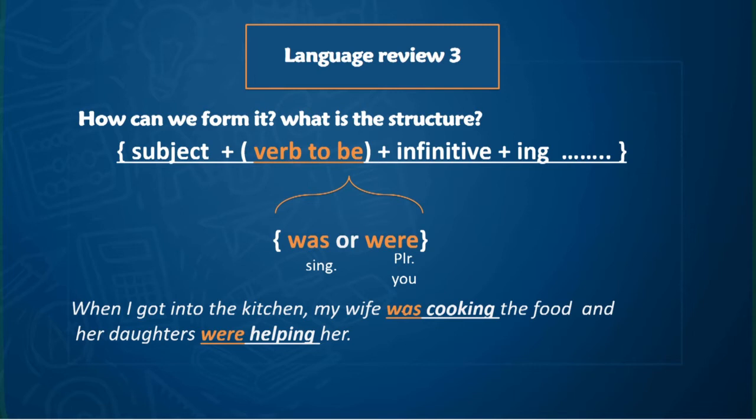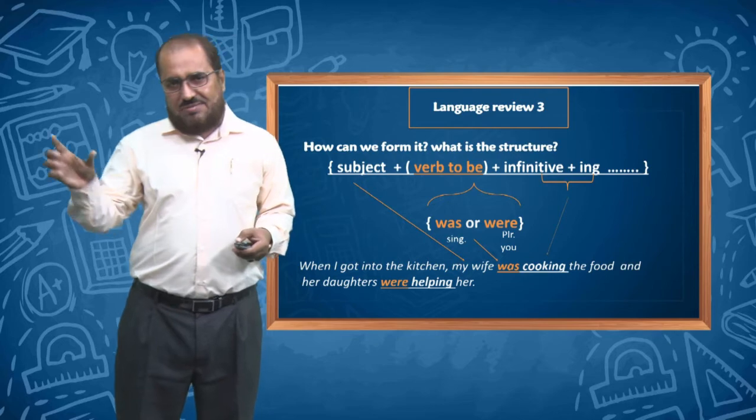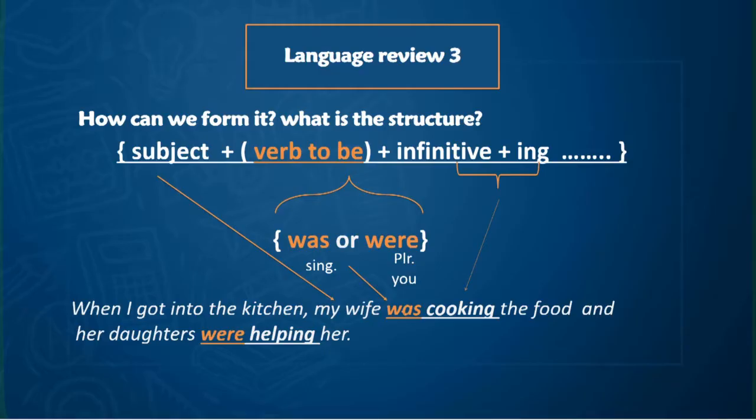Okay, let's now match the example to the structure. Where is the subject here? Look, my wife. This is the subject. Verb to be: was. Infinitive plus ing: cook, then add ing, cooking. This is the first sentence. The second sentence after and is additional information about her daughters.